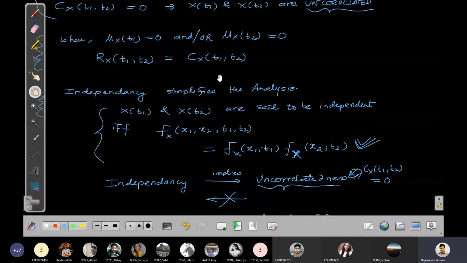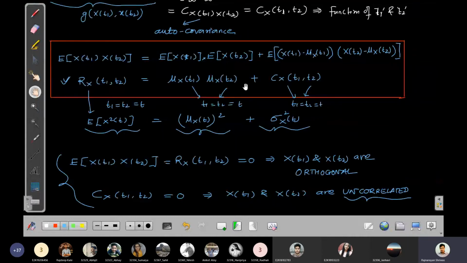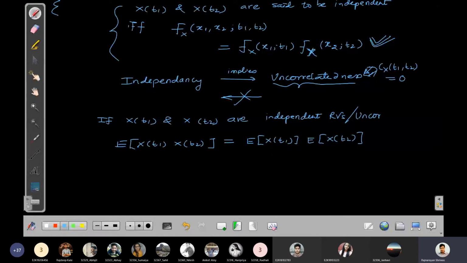So if the random variables are independent or uncorrelated, it makes covariance of t1 comma t2 to be 0, and in that case this will contain only this product of expectations. So expectation of product is nothing but product of expectation if X(t1) and X(t2) are independent or they are uncorrelated.